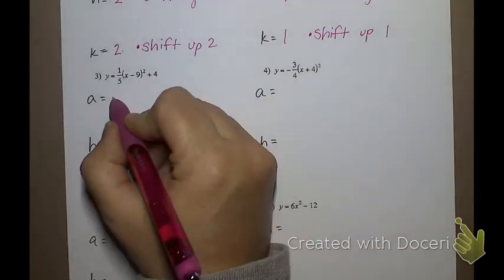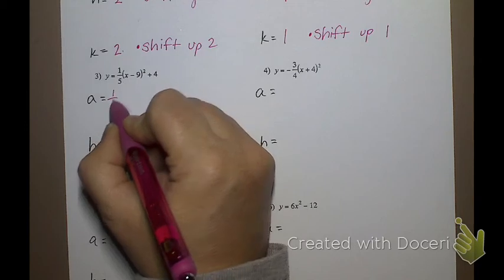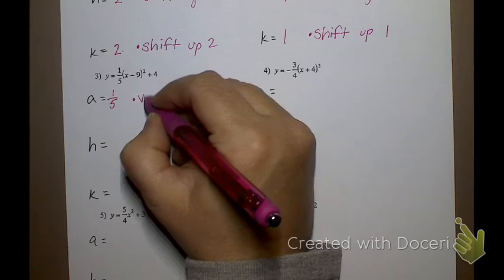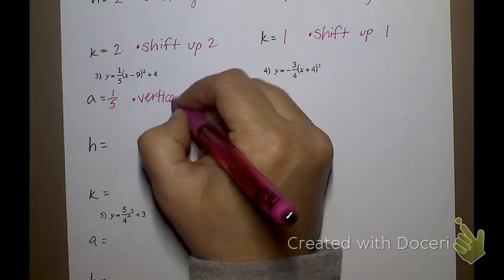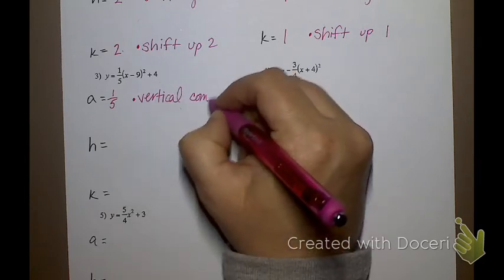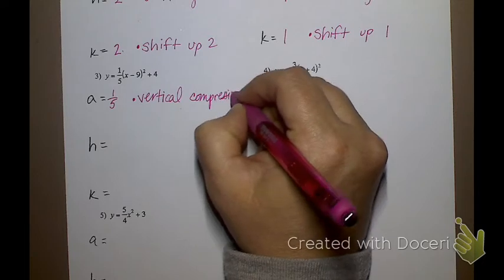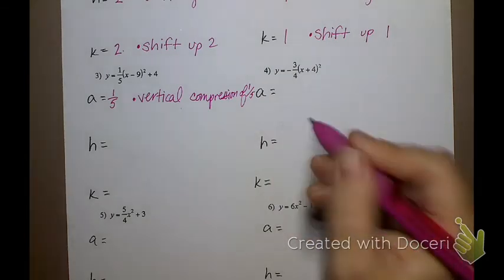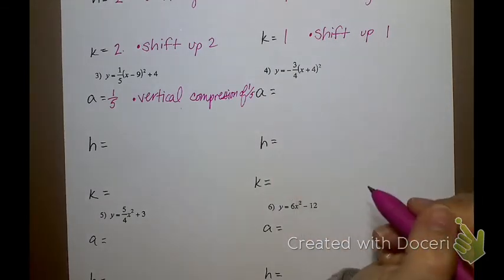So let's look at number 3. What is my A value? 1/5. Is that less than 1? Yes. So I have a what? Vertical compression of 1/5. Meaning that it is 1/5 as tall as the mother function.